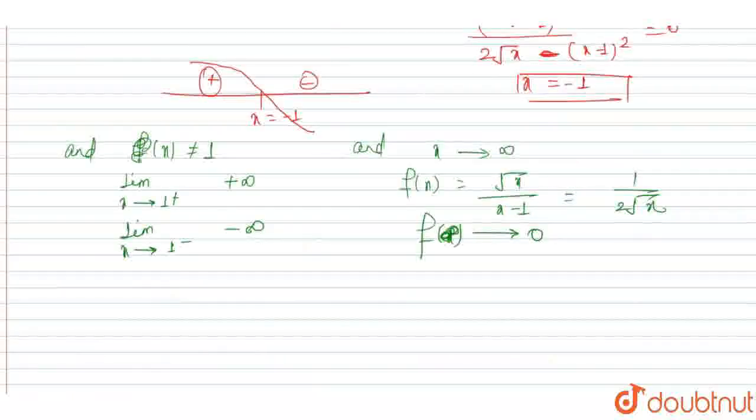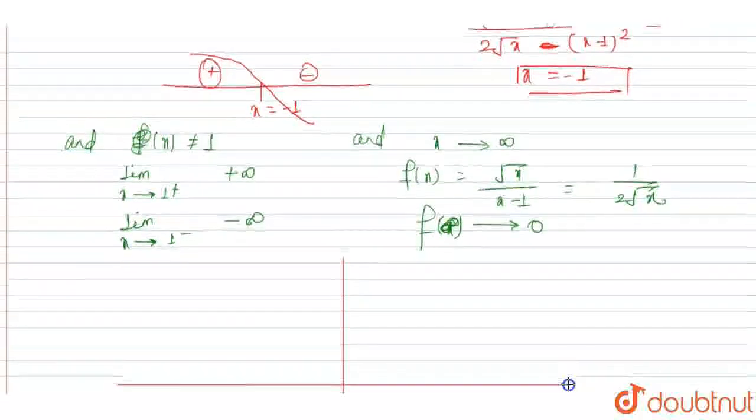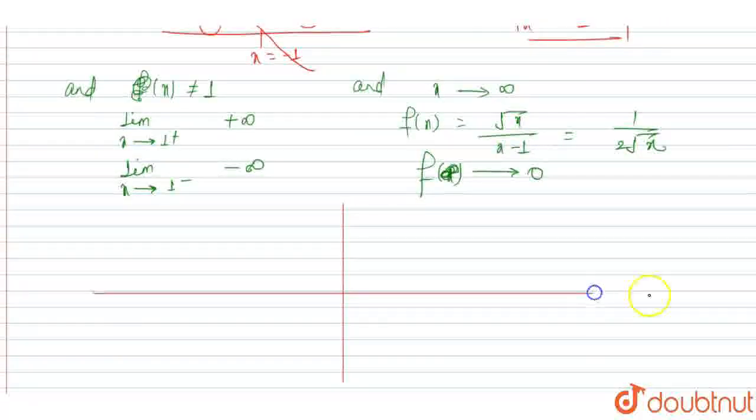Using all these conditions, firstly draw the diagram of this question. Let's consider this one is the x-axis and this is the y-axis. And x is equal to 1 is the asymptote line. Then at x is equal to 0, this function gives y is equal to 0.